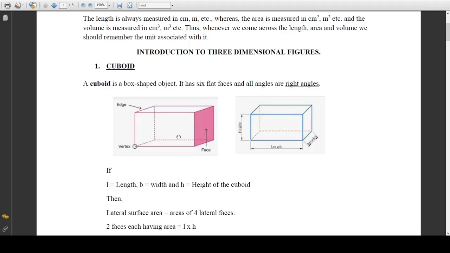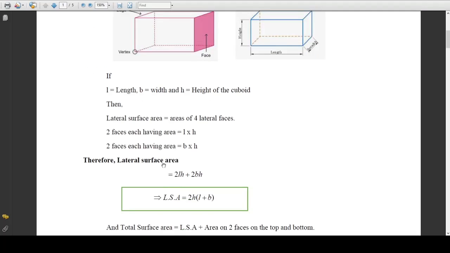That means laterally we'll have 2LH and 2BH, while for the total surface area, along the top will be L multiply B, and down below also, therefore we'll have 2LB. The lateral surface area will be 2LH plus 2BH, which is 2H times (L plus B), and the total will be 2LH, 2BH and 2LB.